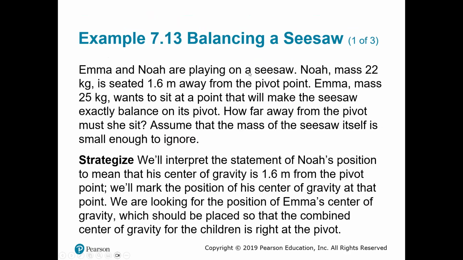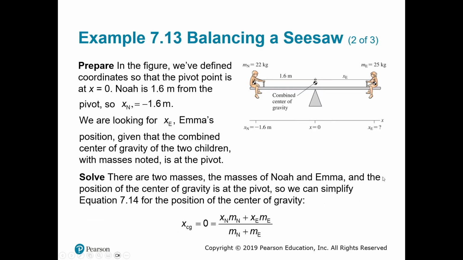Another example is a seesaw, right? So Emma and Noah on a seesaw, right? Noah is 22 kilograms, seated 1.6 meters away from the pivot point. Emma is 25 kilograms, heavier. We want to see the point where she makes the seesaw balance, right? So now this is the picture, right?